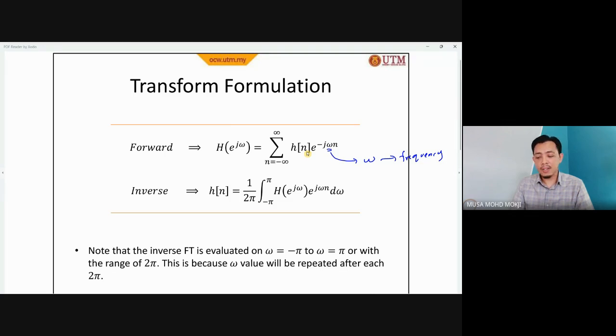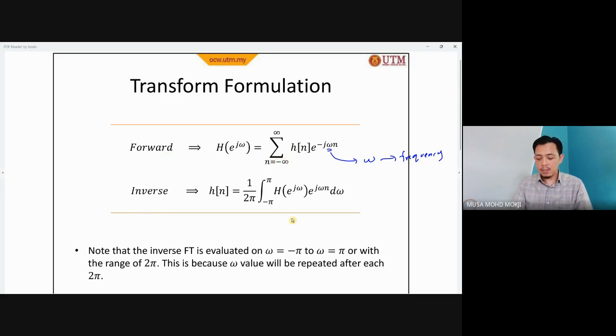In the time domain the x-axis is t or n, but in the frequency domain the x-axis will be frequency. You should be able to imagine that, so the assignment is very, very important, otherwise it is very difficult to imagine this.